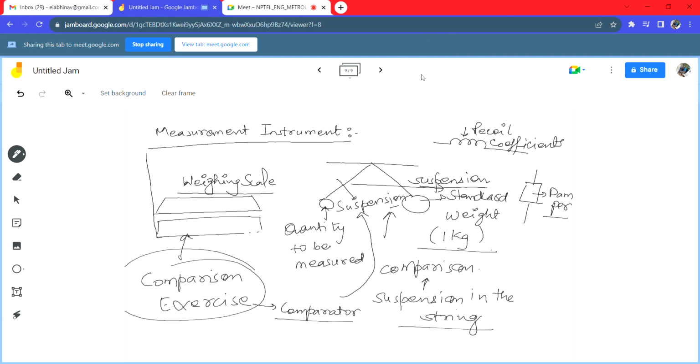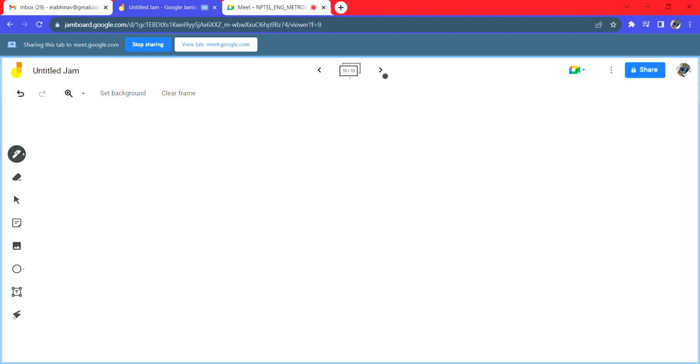Now, when you do this, there is always a chance of energy loss, and while designing very delicate measurements, this might not be advisable.